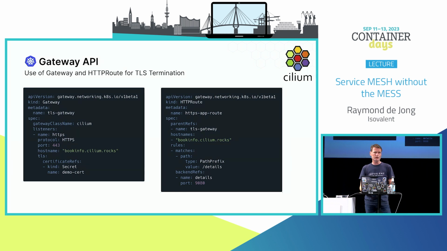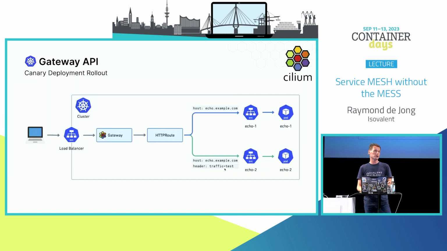You can also do TLS termination, so you can, for example, configure secrets in the namespace for your gateway. The gateway can use those to decrypt TLS traffic and then forward traffic to a given service. So you reference a secret, you listen on a specific host name, you attach HTTP routes, and in this example, again, a specific path. But you can also consider canary deployments using Gateway API.